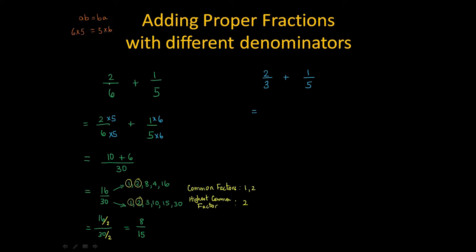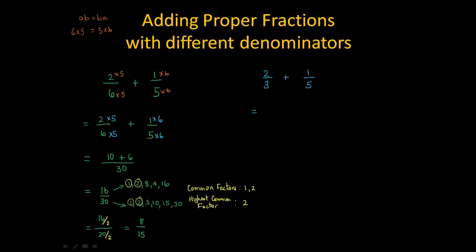So you're pretty good if you say 6 times 5, and whatever you do to the bottom, you need to do to the top. And then over here, if this has a 6, we say 5 times 6, and whatever you do to the bottom, you do to the top on the next side as well. Eventually you end up with 2 times 5 plus 1 times 6, and the denominator will be 30. You end up with 16/30. You find the common factors here.